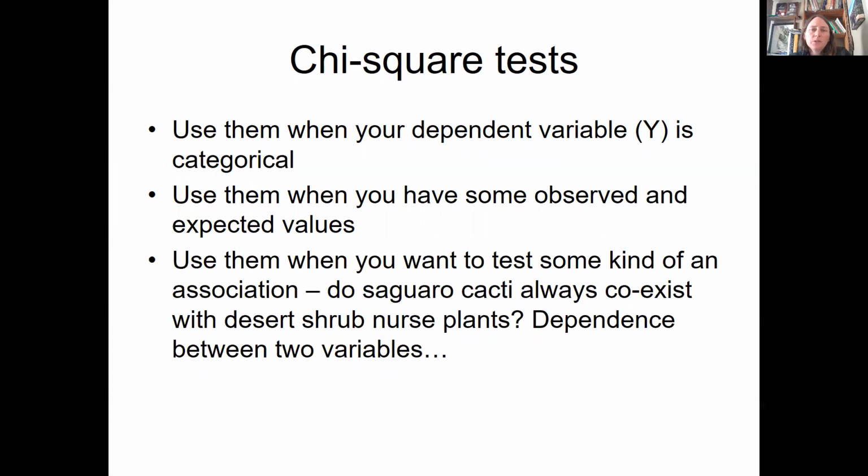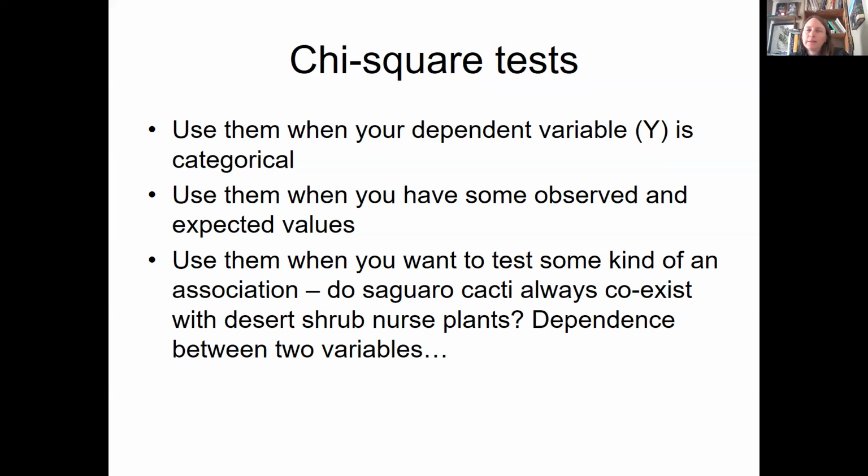You can also use them when you want to test some kind of an association. So it's really fun in plant communities. Down in the Sonoran Desert, a lot of saguaro cacti seem to grow with a nurse plant association, like a shrubby plant, like a Palo Verde. And so you could do a test where you determine, do saguaros tend to grow more where there's already a shrub present or not?